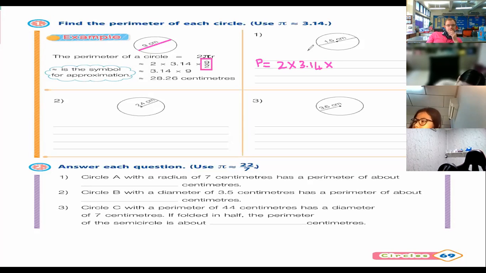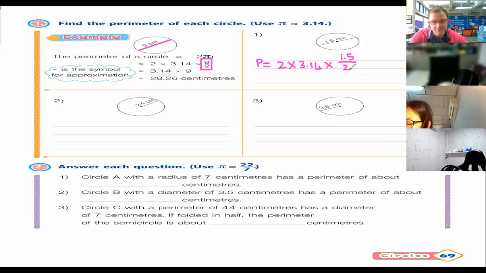You can tell me. Is there anyone? 1.5. 1.5 divided by 2.